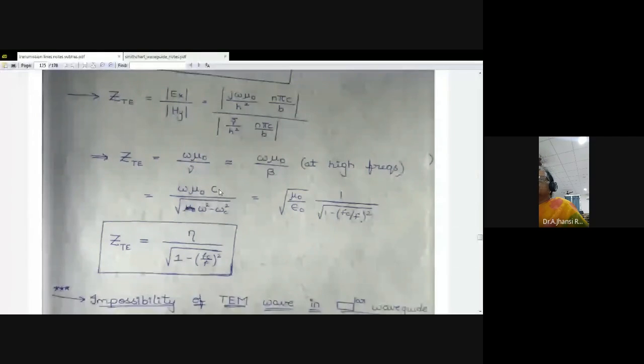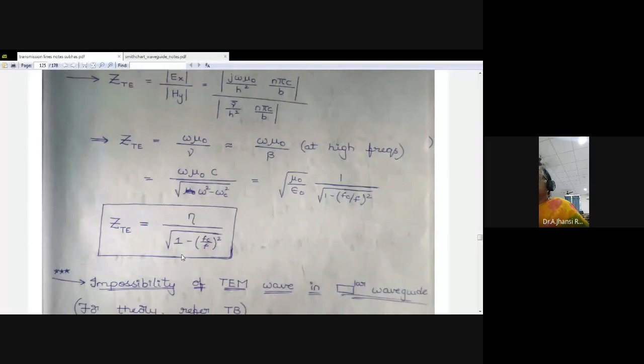One mu naught will get cancelled. You will get square root of mu naught by epsilon naught into 1 by square root of 1 minus (fc by f) whole square, because if you take out omega square in the denominator. Now ZT equal to eta by square root of 1 minus (fc by f) whole square.